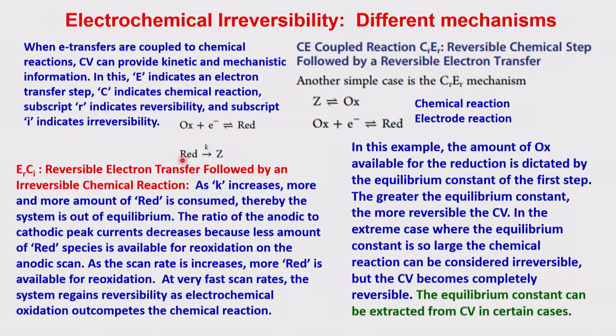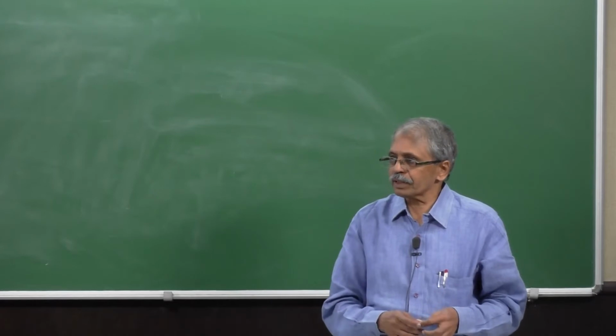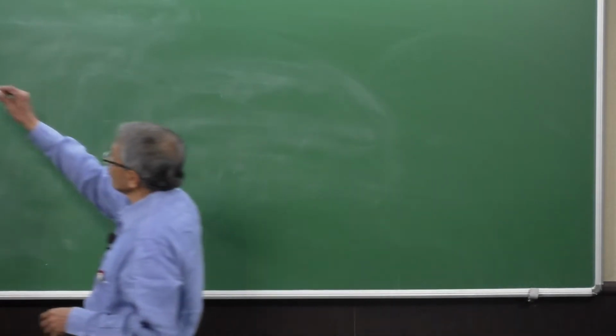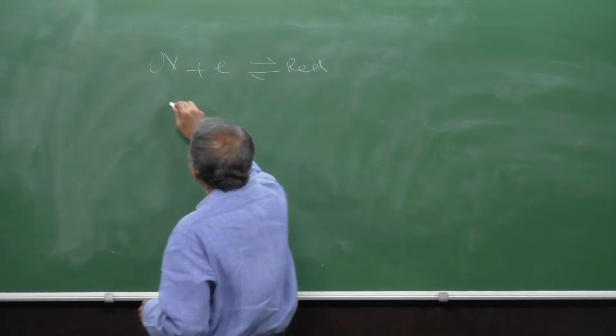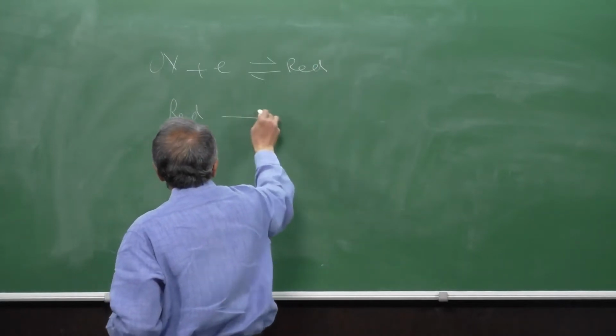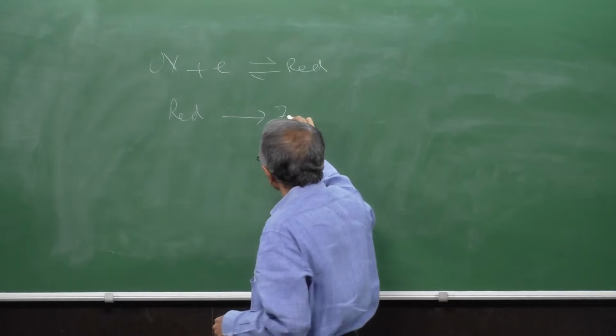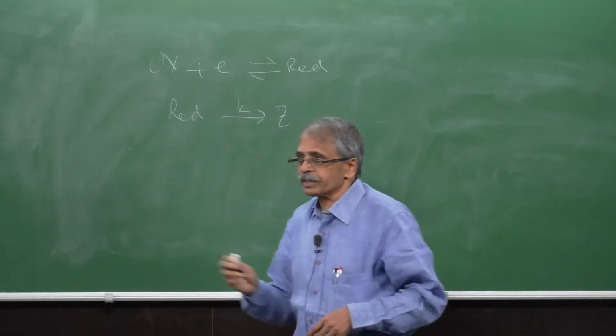But if it is undergoing some kind of reaction, it is going through some other process, giving rise to some other kind of species, with a certain rate of reaction.